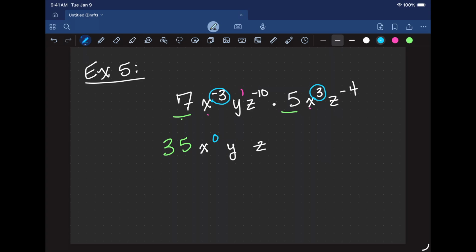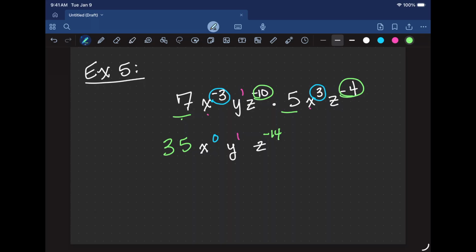So if I look at Y, I see that I have 1 here, and I don't see anywhere else. So when that happens, it's just the same. You're going to write it. So I have Y to the power of 1. And then when I look at my Z's, I've got some negative numbers. So -10 and -4. -10 plus -4 is the same as -14.